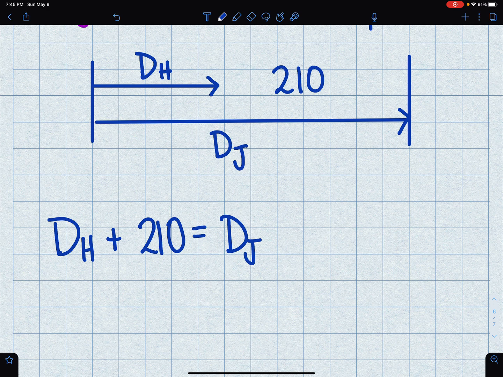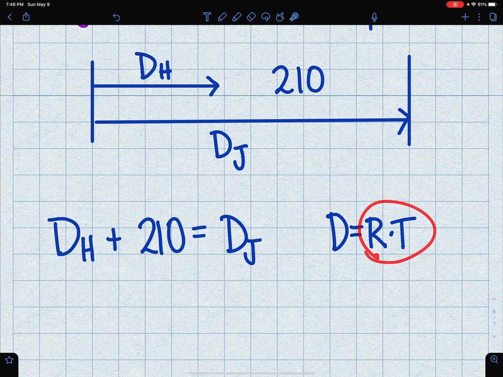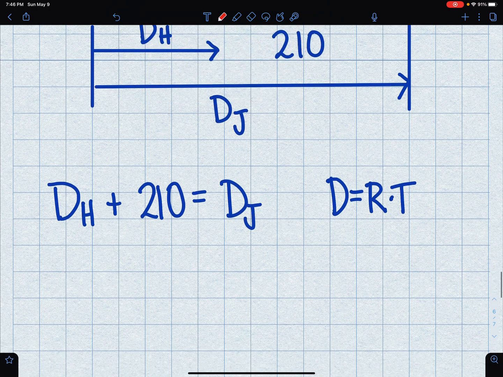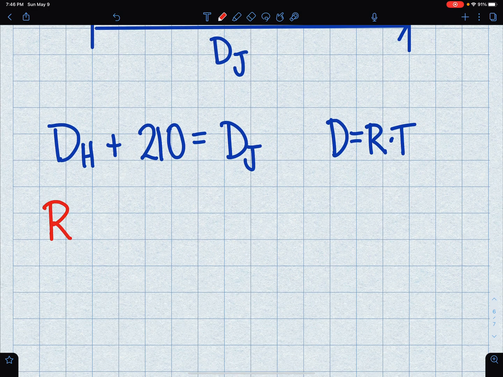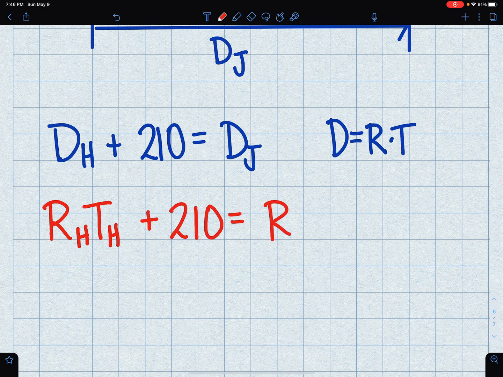And then you're going to use the equation, distance equals rate times time, and substitute rate times time anywhere there's a D. So we have rate times time of Harry plus 210 equals rate times time of Jeanette.